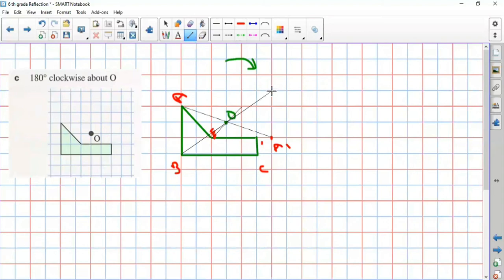Okay, the direction is 180, the distance must be same. Let's put these ones first. So I have E1, and here I will have the point B1.